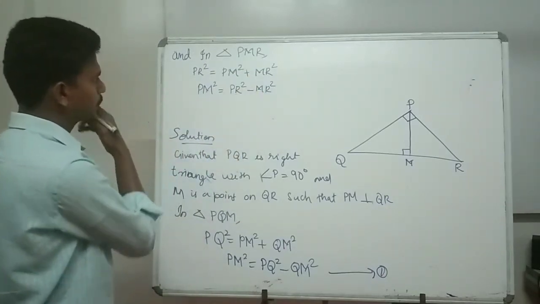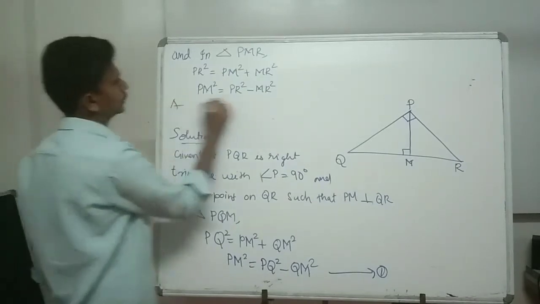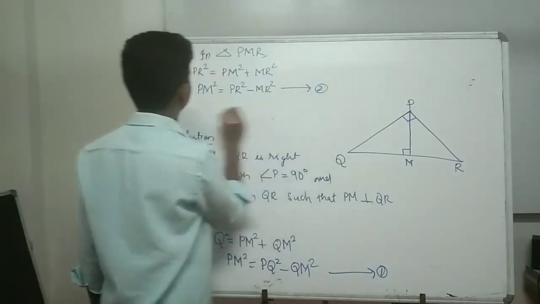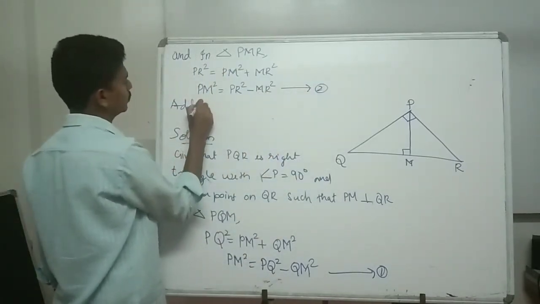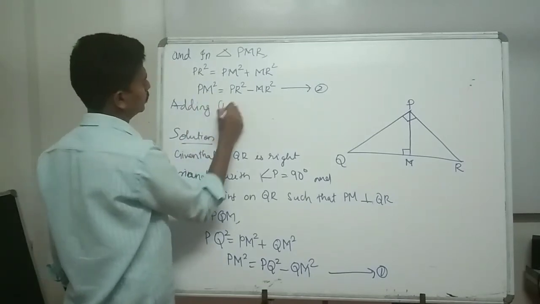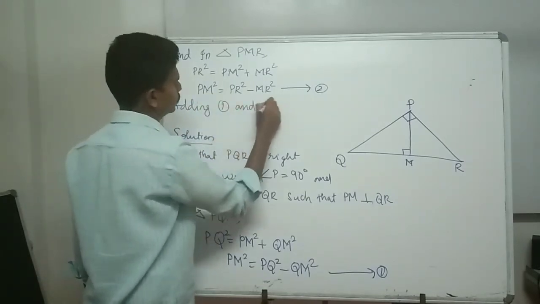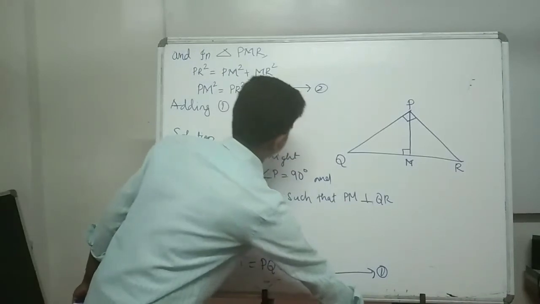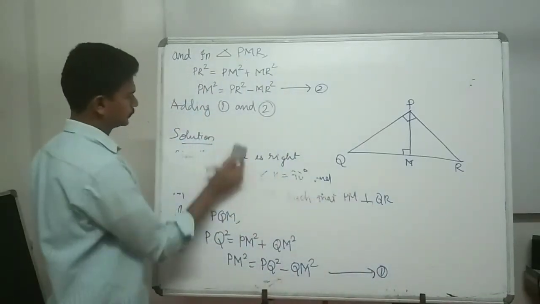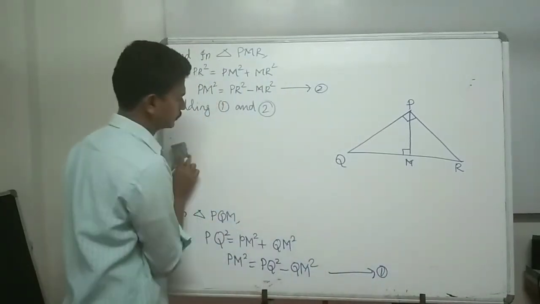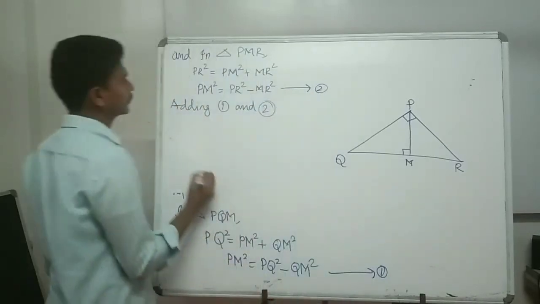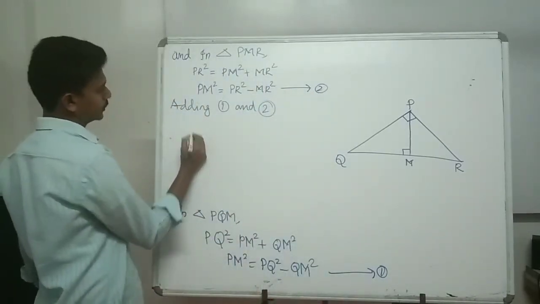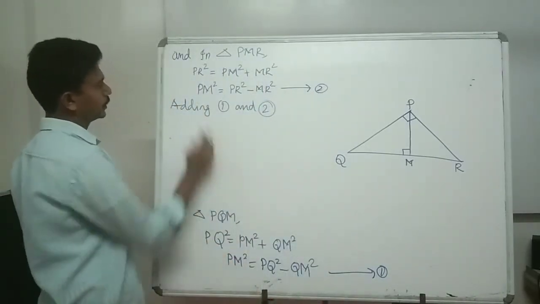What we are going to do is add 1 and 2. Equation 1 has PM square, here also PM square.